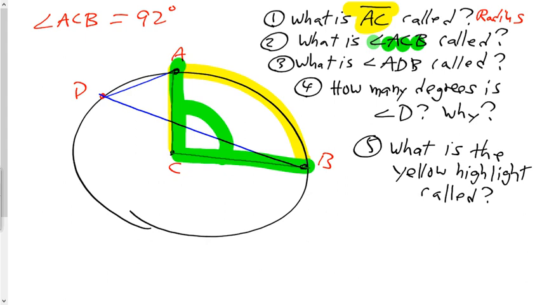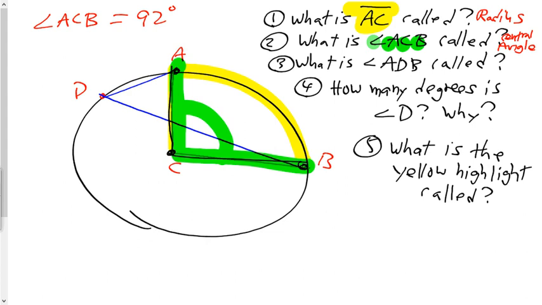ACB just tells us the orientation of it. But angle C has a name, and we learned it yesterday. It's called the central angle. It's formed when the middle point is connected to any endpoints, and it makes 2 radiuses that make a central angle.